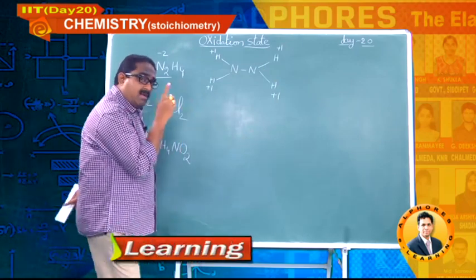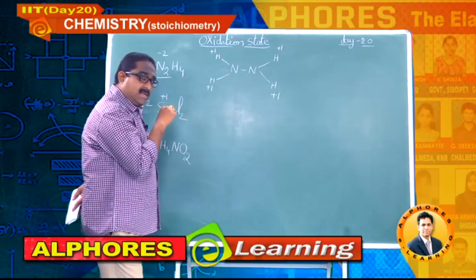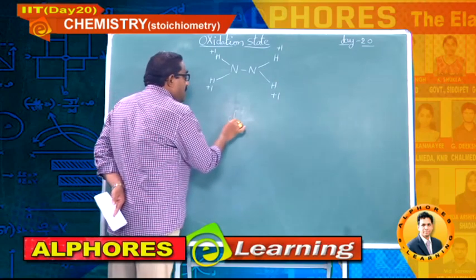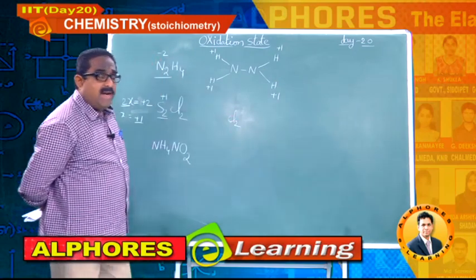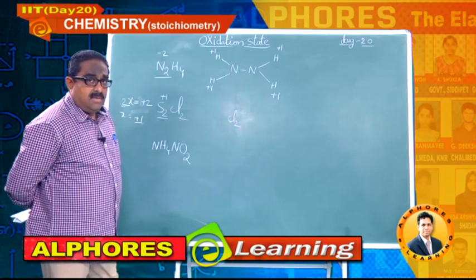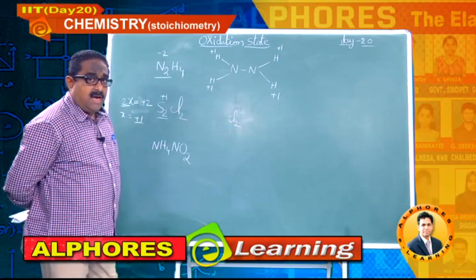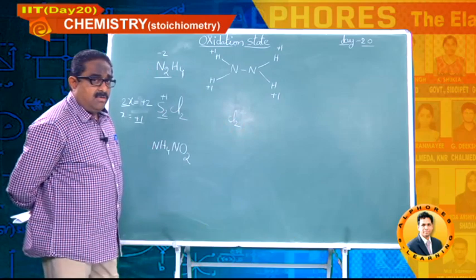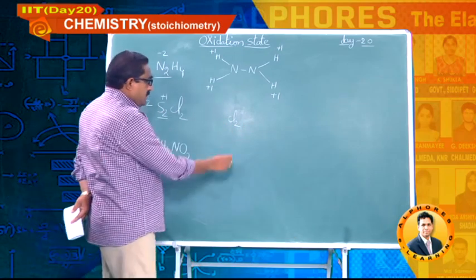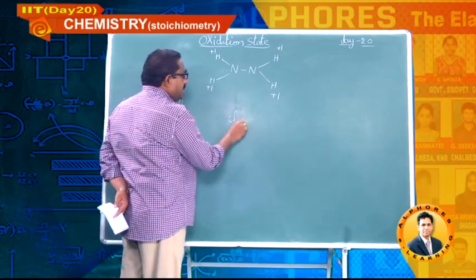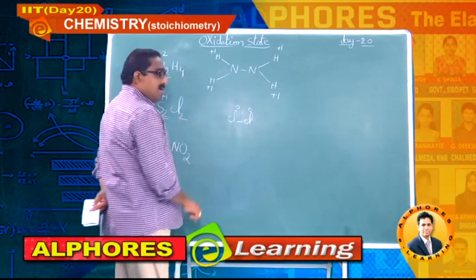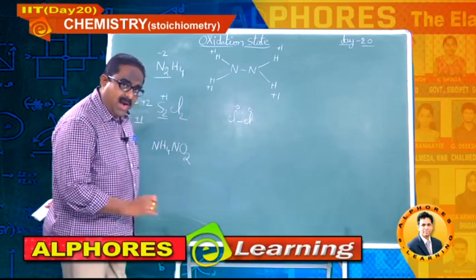In the beginning of the oxidation states concept, I gave one important point there: the oxidation state of all the atoms of a homoatomic molecule is 0. Here for both the chlorines, the oxidation state is 0, 0. Like that.